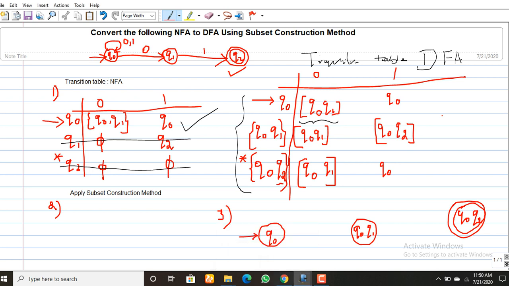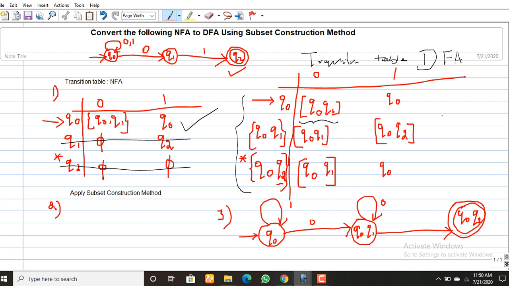Next, from Q0 on receiving 0, Q0 moves to Q0, Q1. On receiving 1, Q0 moves to Q0 only. From Q0, Q1 on receiving 0, it retains the same state. On receiving 1, it moves to Q0, Q2.